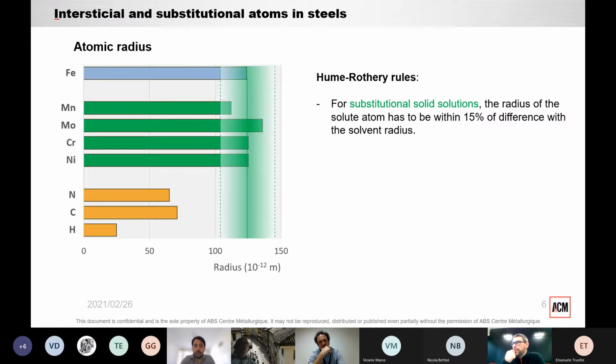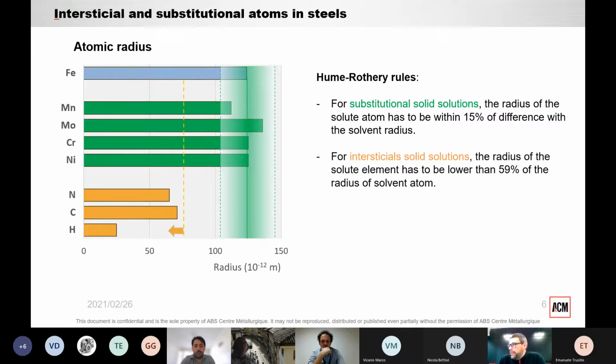So for iron, you see that manganese, molybdenum, chromium, nickel are in this range. And for interstitial solid solutions, the radius needs to be lower than 59% of the radius of the solvent atom. So here we have nitrogen, carbon. I put also hydrogen just to show you how small it is.